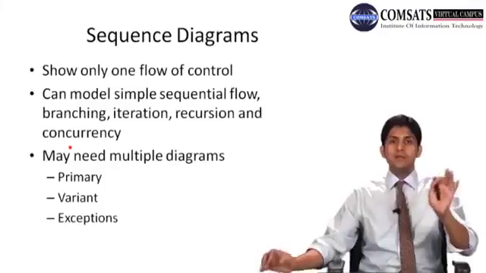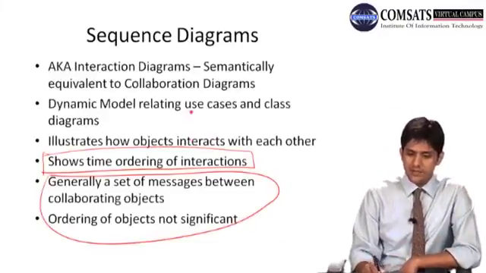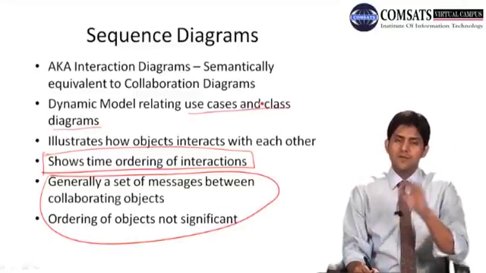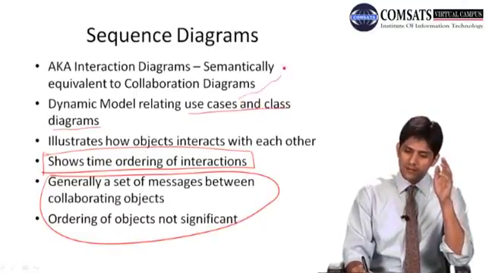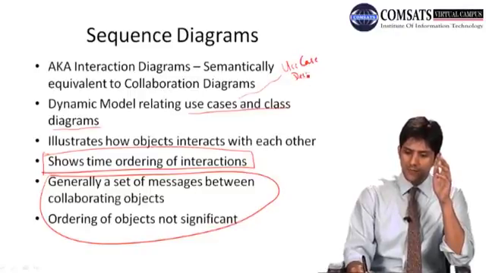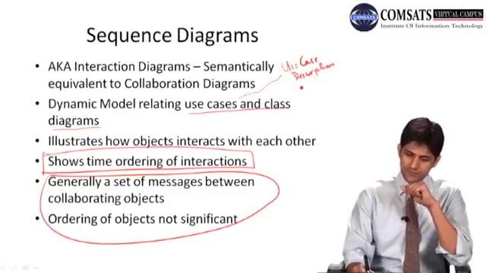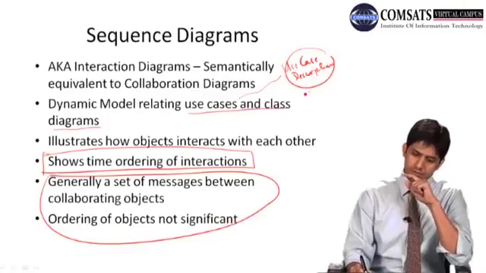Now going back to where I said this is a model which relates the use cases and the class diagrams. How does it actually do that? We saw in the previous lecture that the use case descriptions are used to identify the classes.